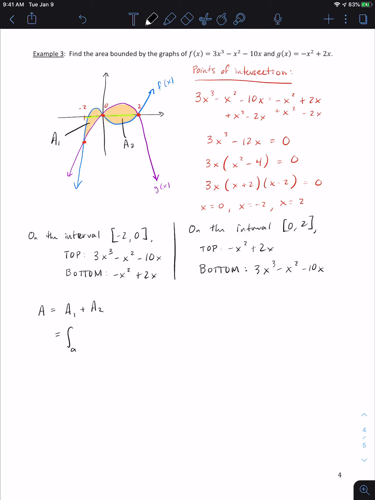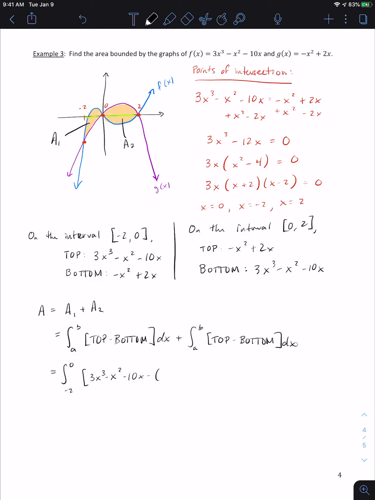So again, the first one, just by our formula, is going to be top minus bottom on that first piece, plus the second, which again is going to be top minus bottom dx. For that first piece, I'm going to go from -2 to 0. My top function is going to be 3x cubed minus x squared minus 10x.